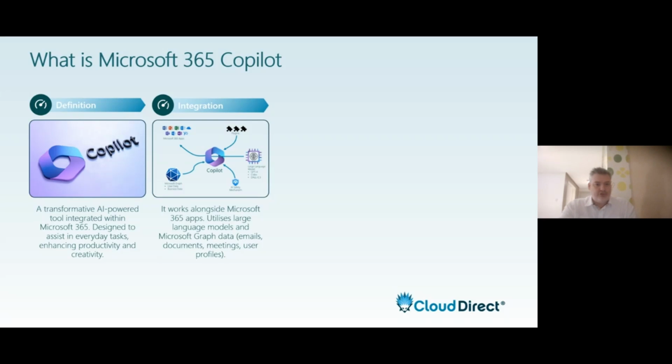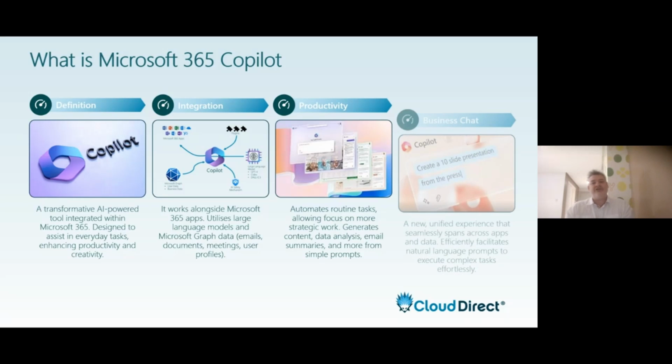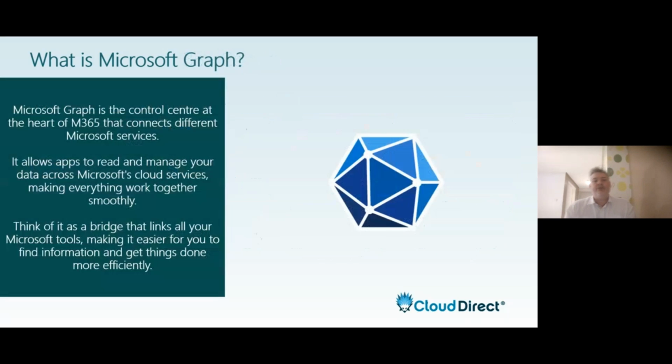And of course the large language model, the GPT model, and presents that through to the apps. These things allow you to be more productive. It can automate very common tasks, helps you generate content and do analysis, and allows you to talk with your data. Talking with your data is the bit that's a significant game changer. There's also the Business Chat tool that allows you to roll out something more holistic across an organization rather than just focusing on individual user productivity.